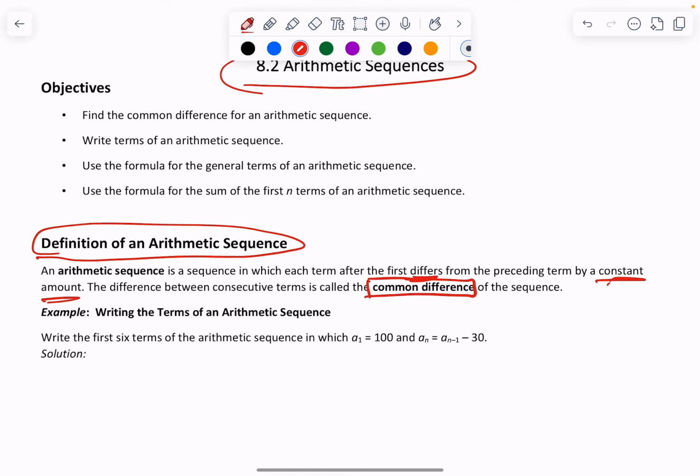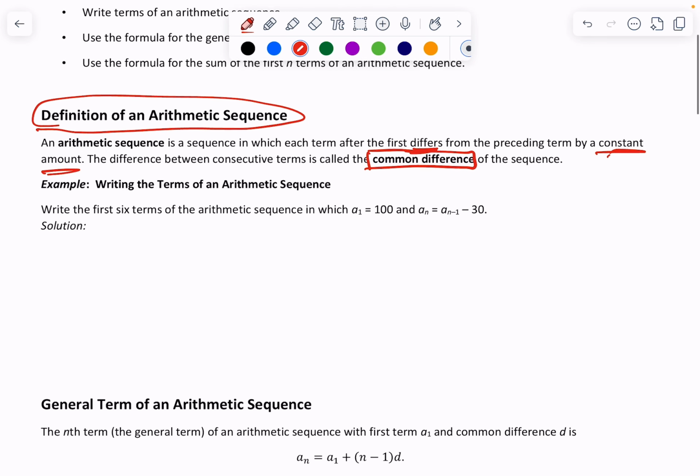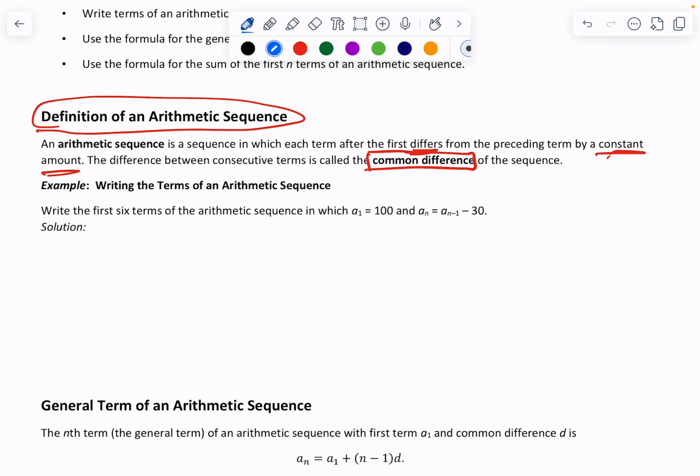So let's look at writing the terms of an arithmetic sequence. We are writing the first six terms of the arithmetic sequence in which the first term is 100 and the general term is a sub n equals a sub n minus 1 minus 30.